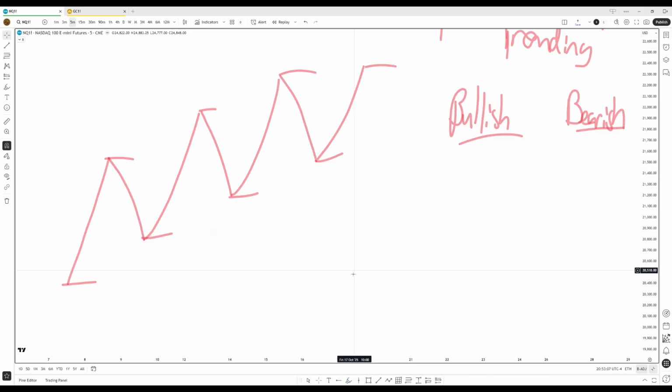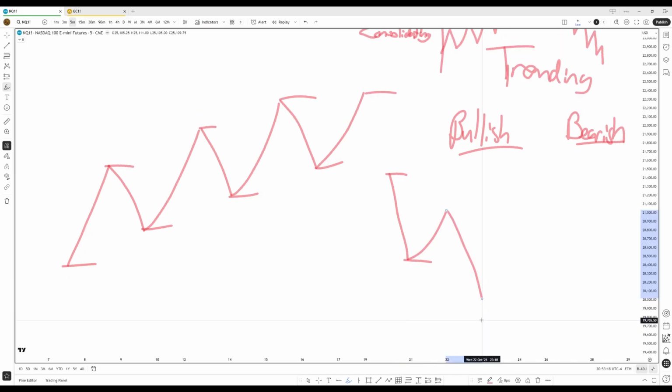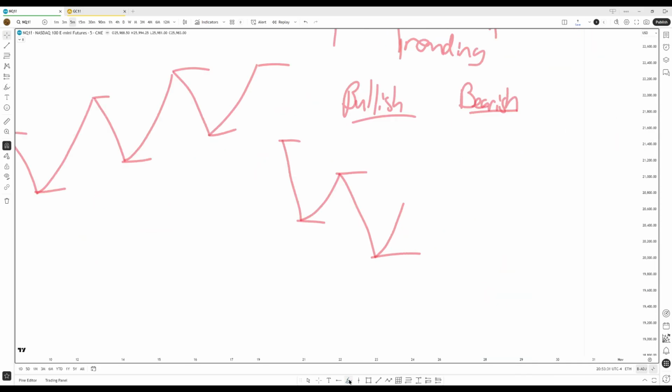Same thing for the downside. Come down, make a high, low point, come back inside the range, and then go outside. So we make a high and a low point, and that's the range, and then price goes inside the range that was created, and then we push external to the range.